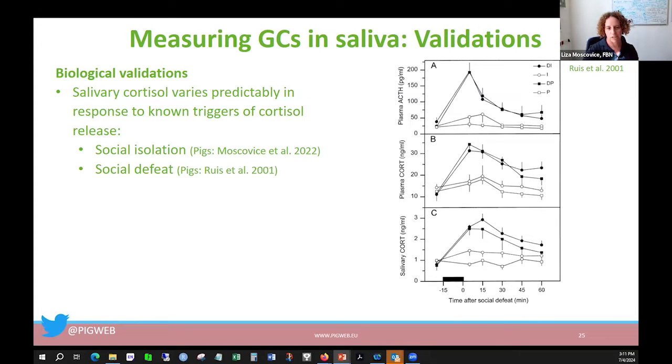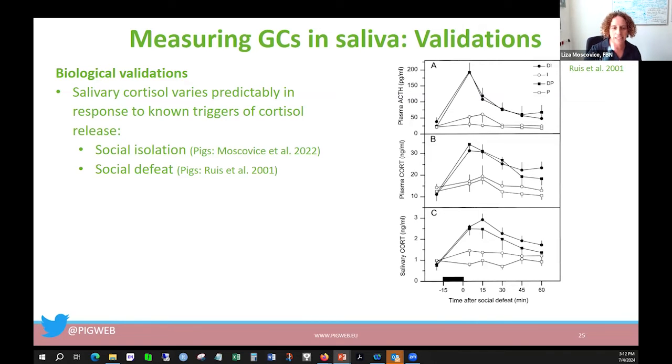This black bar is showing a situation where a pig loses an aggressive encounter, and what you see is very quickly increases in concentrations of cortisol in saliva, shown in the C figure, in plasma, shown in B, and also increases in ACTH, the precursor for cortisol.